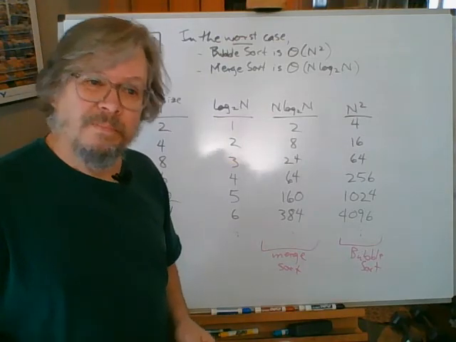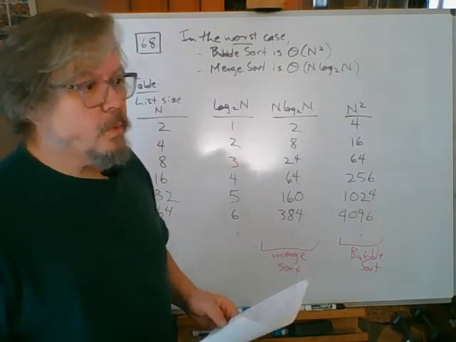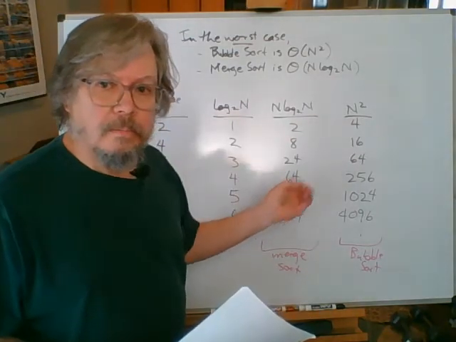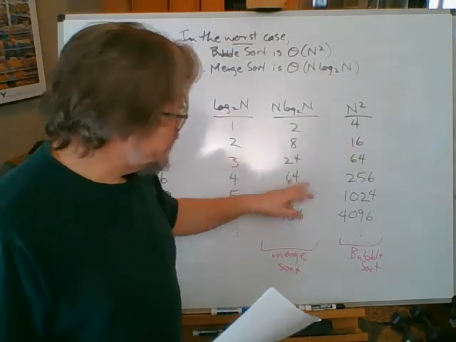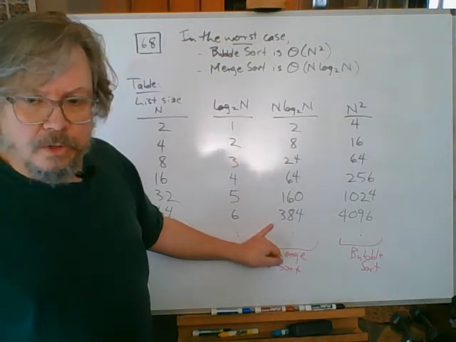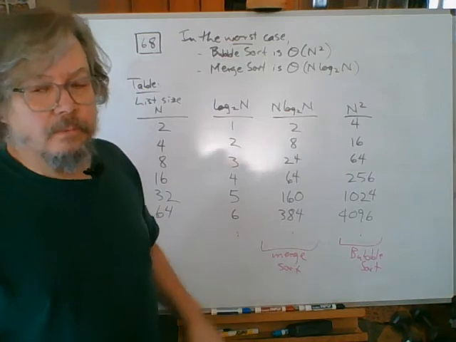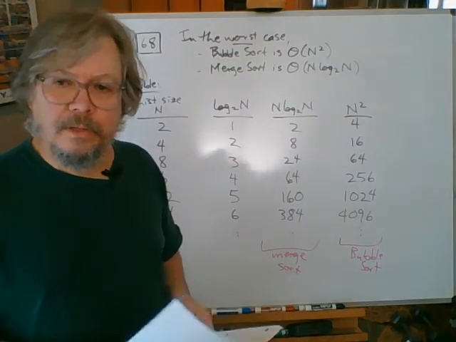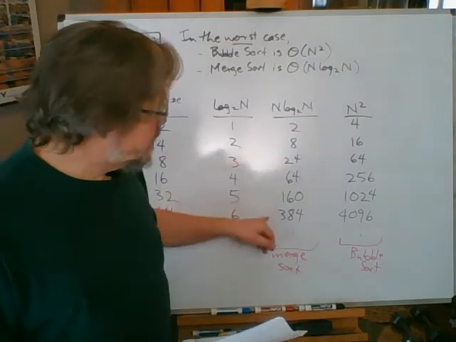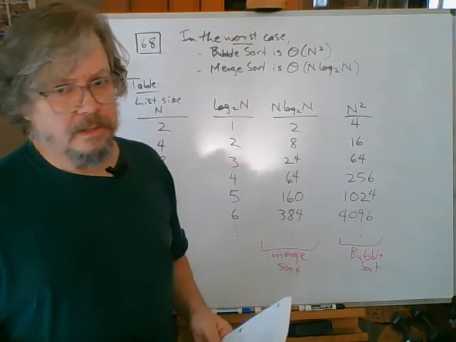Algorithm analysis, why we want to look at more than one design of a mousetrap. We want to look at more than one sorting algorithm, compare those. These are hypotheticals. This is what we predict will happen as the list size gets larger and larger. And if we were to run it, get empirical evidence, run some time trials, find out how many comparisons it actually does, these are ridiculously close to what you actually get.